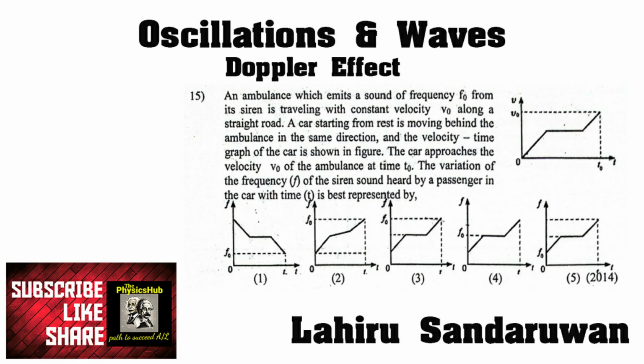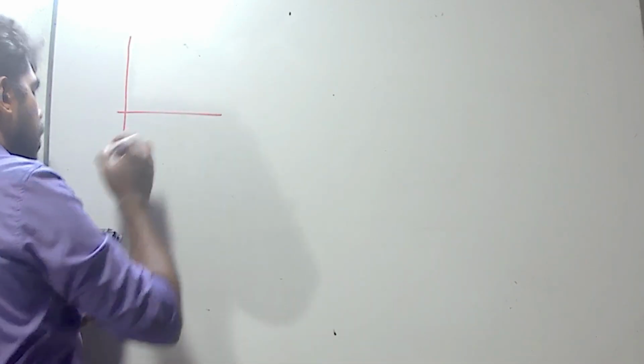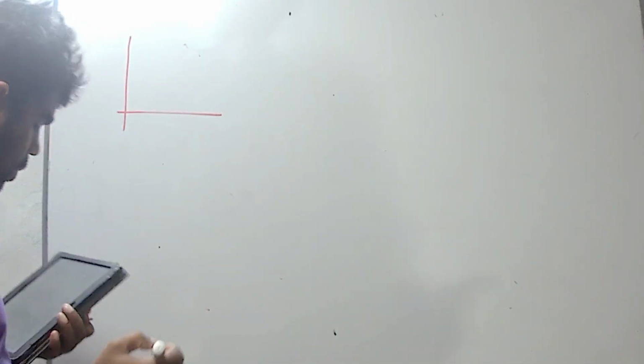The car approaches the velocity V0 of the ambulance at time t0. The variation of the frequency F of the siren sound heard by a passenger in the car with time is best represented by which graph? The velocity of the ambulance is given as V0, and we can consider the velocity-time graph of the car.